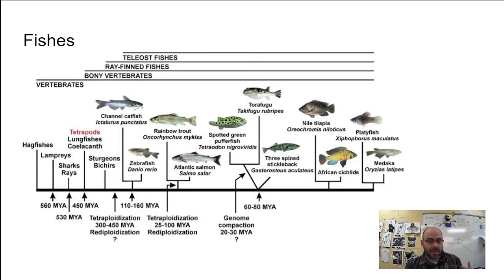Pretty much any fish that you can think of is going to be a bony fish. The cartilaginous fish are going to be things like sharks. They're still around, but they represent a more primitive evolutionary stage. And then you still have some jawless fish, but again, most of them are extinct as well.